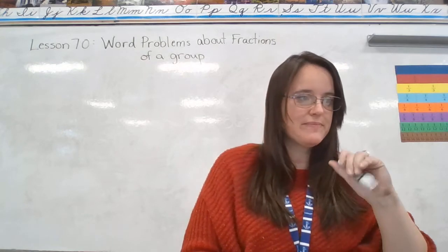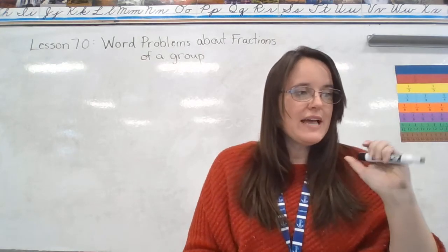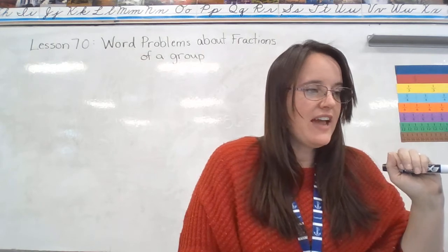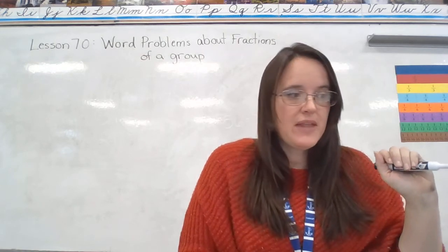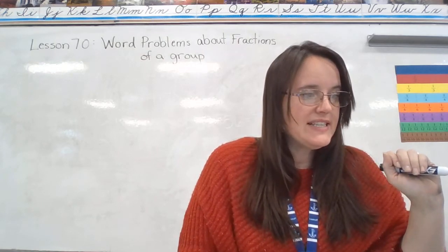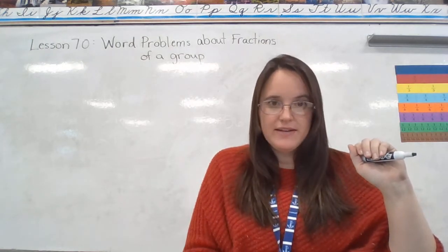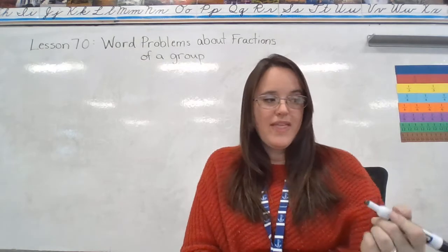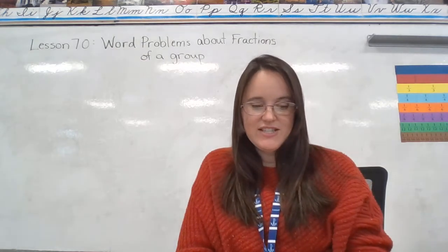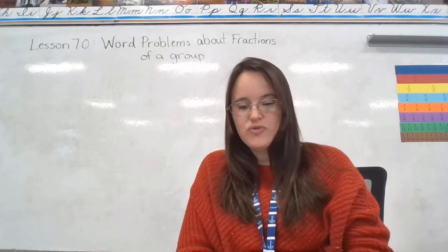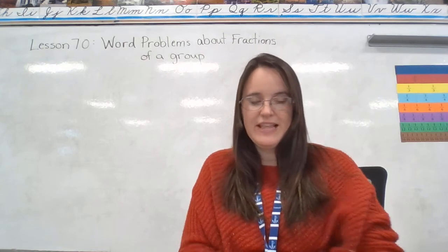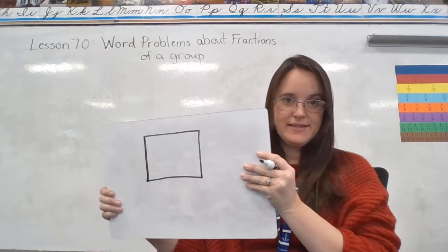So let's get started. Our first example says 1/2 of the carrot seeds sprouted. If 84 seeds were planted, how many seeds sprouted? So the way Saxon teaches us to do this is we draw a diagram like a box, like this.